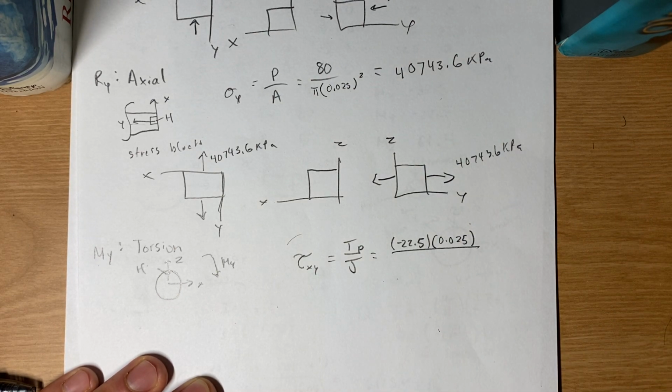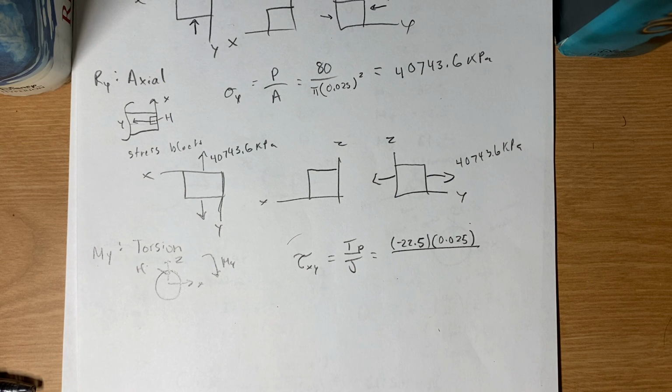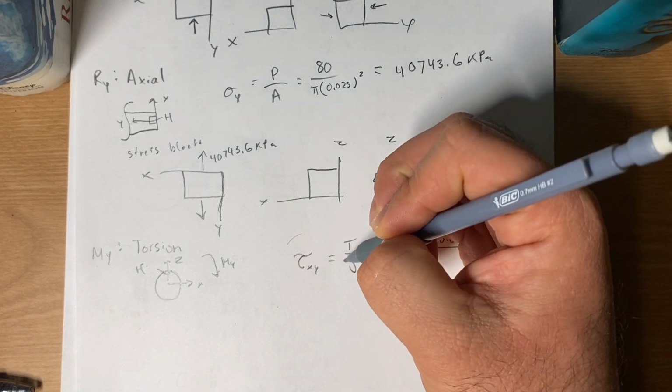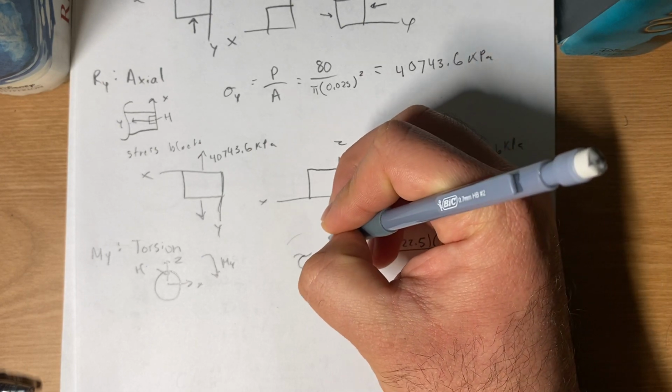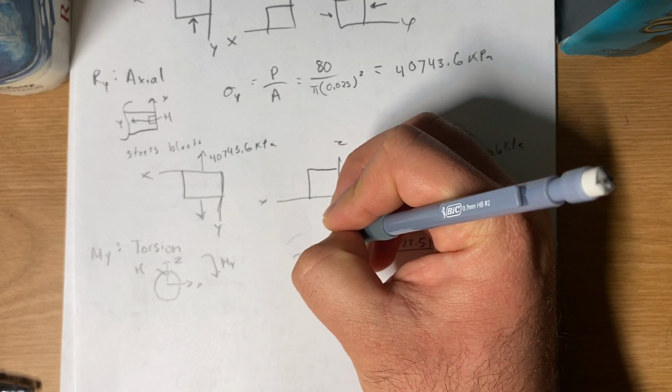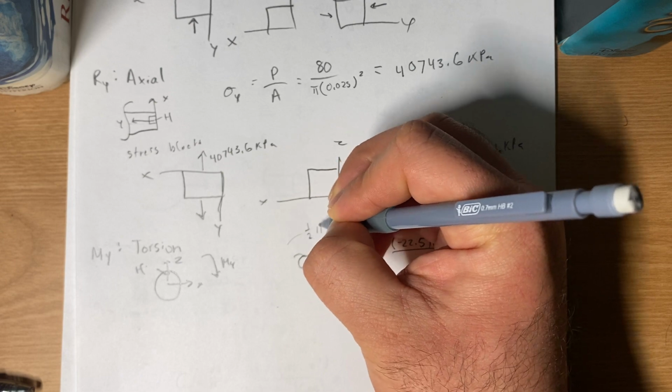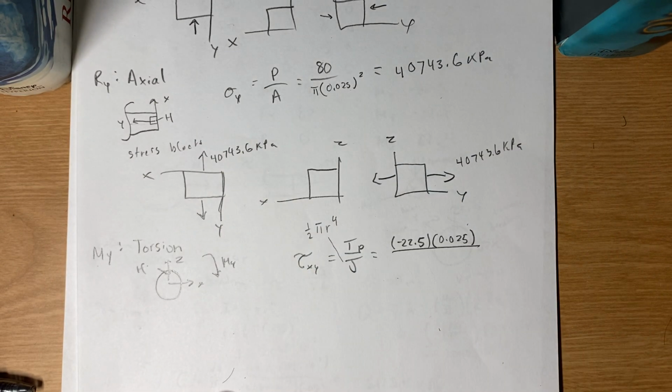all that over J. So J is actually the polar moment of inertia. And for a solid cylinder, this is described as 1/2 pi r to the power 4.